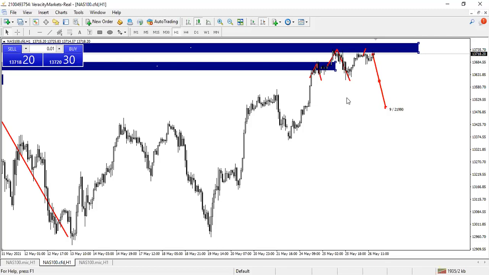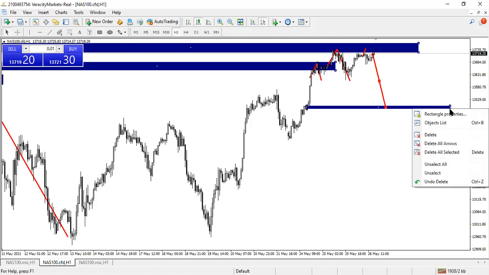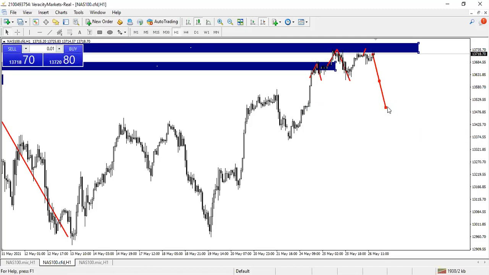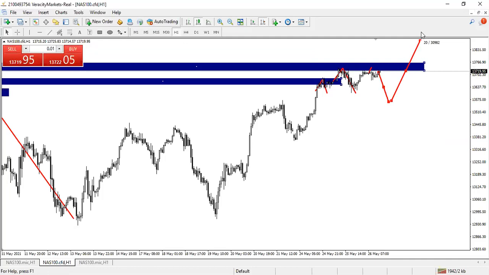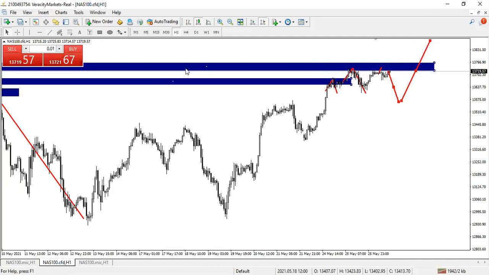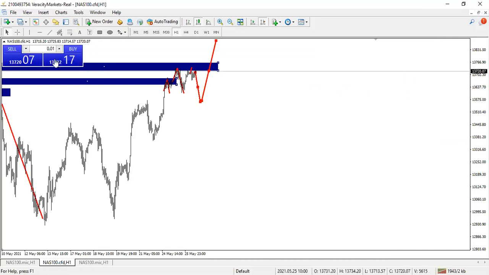To reject that zone and get the big candle here, and continue with what? Up movement. Me personally, this is what I'm seeing on Nasdaq.